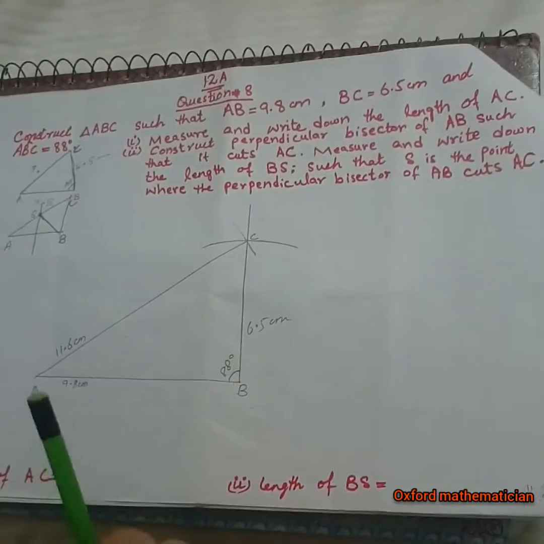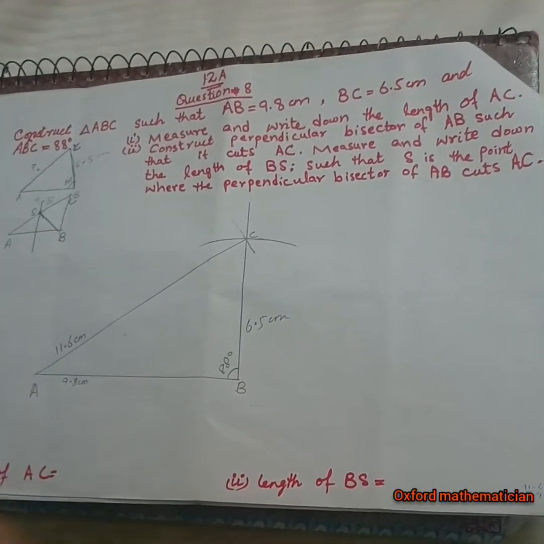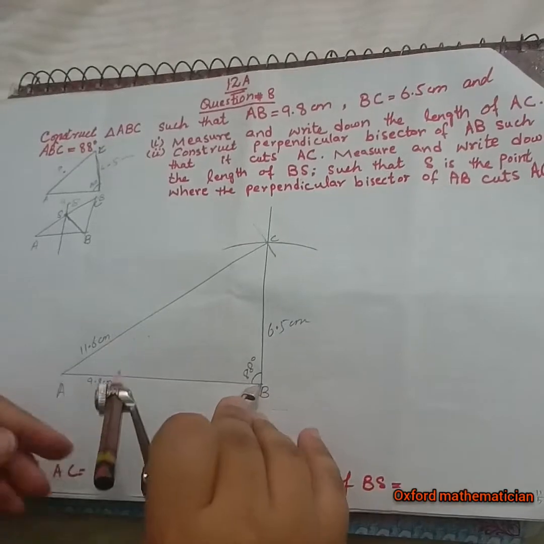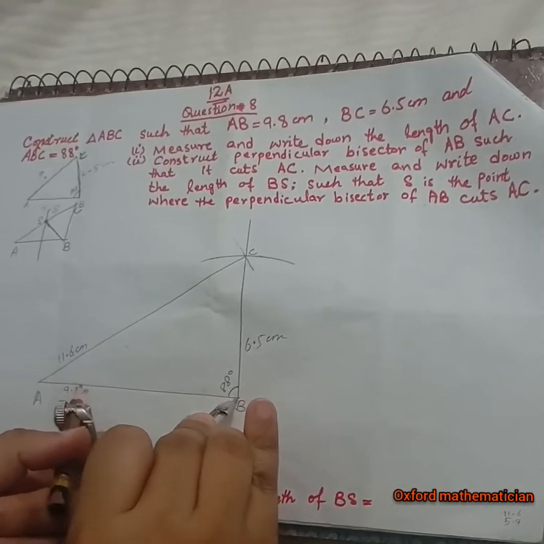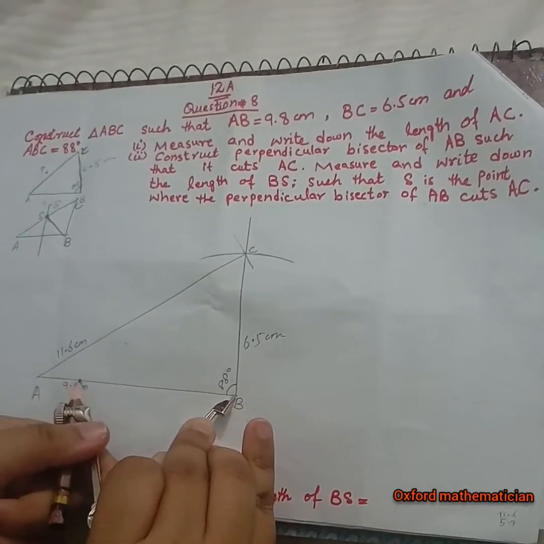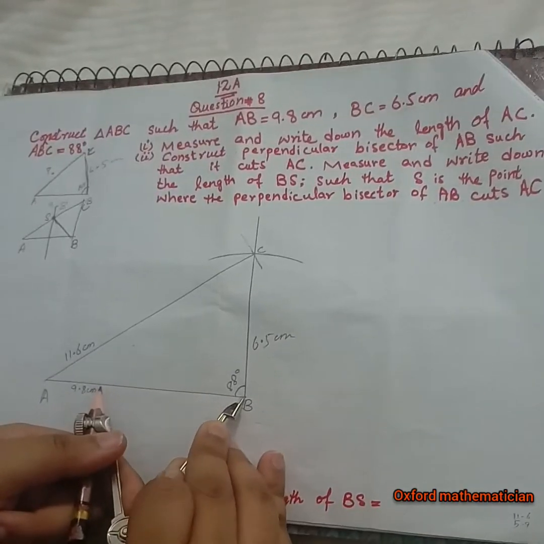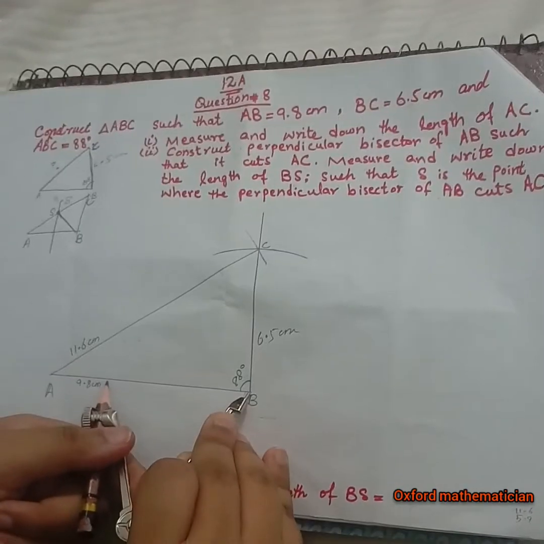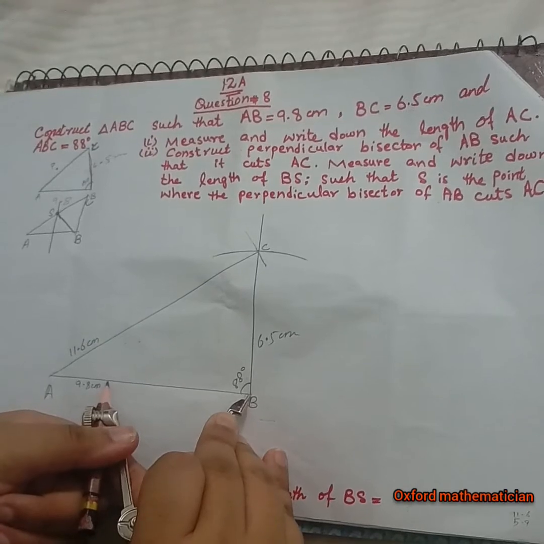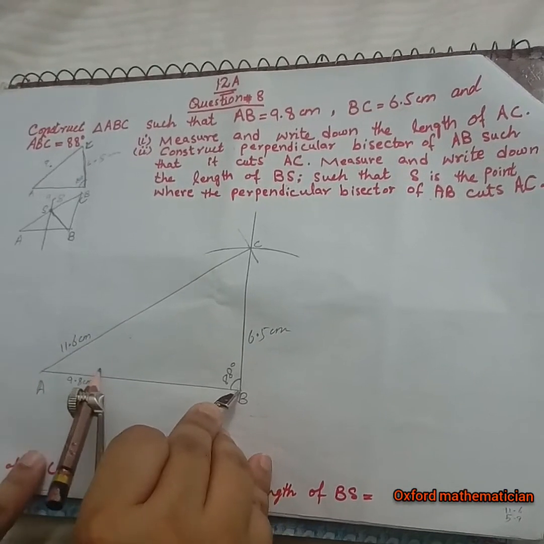Then we draw it. Firstly we know how the perpendicular bisector is made. Firstly we open the compass greater than half of the AB line segment.